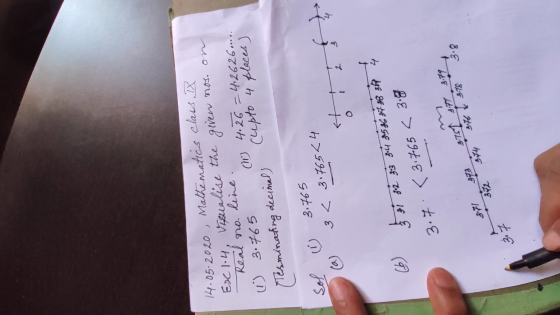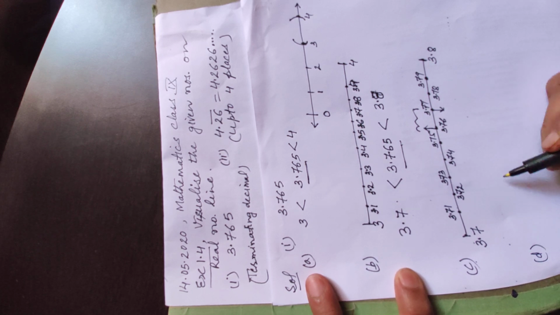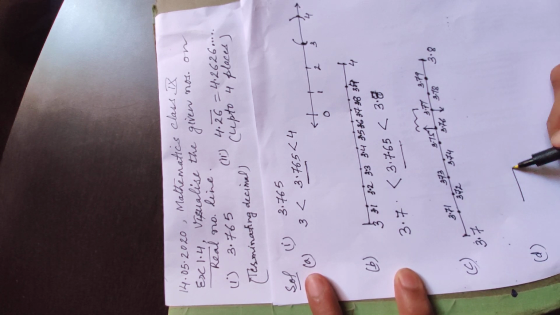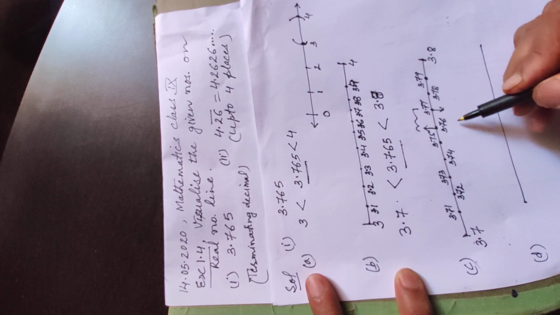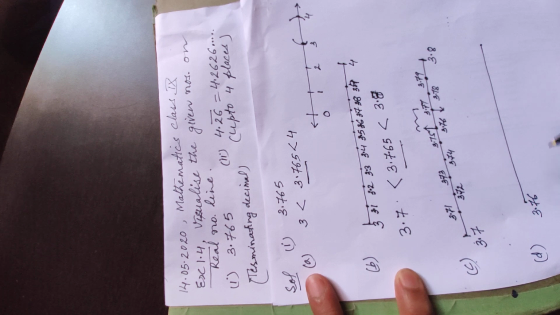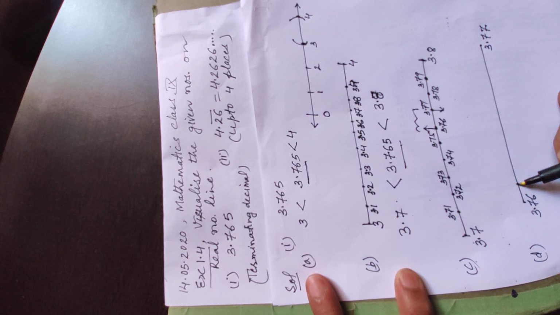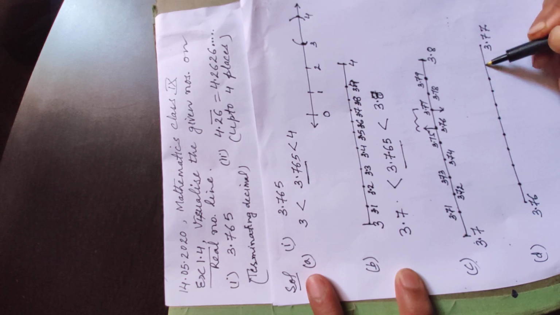Again, further subdivide it into 10 equal parts. So further subdivision of the numbers on the number line, 3.76 and then 3.77, into 10 subparts: 1, 2, 3, 4, 5, 6, 7, 8, 9.